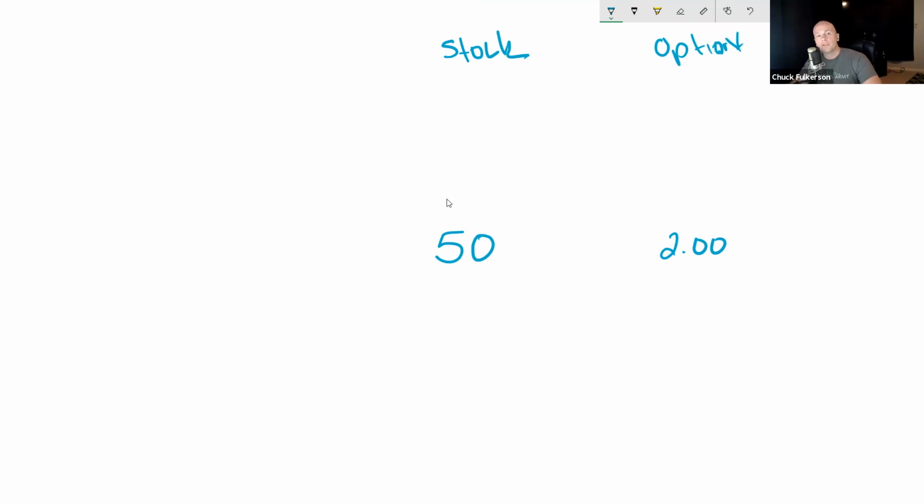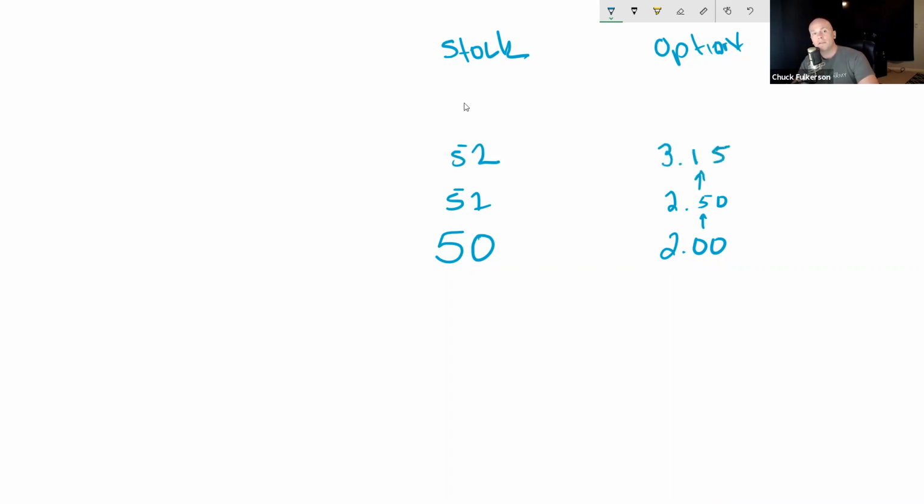The stock goes from 50 to 51, and the option goes from 2 to 2.50. The option doesn't give me dollar for dollar movement. Stock goes from 51 to 52, the option goes from 2.50 to 3.15.